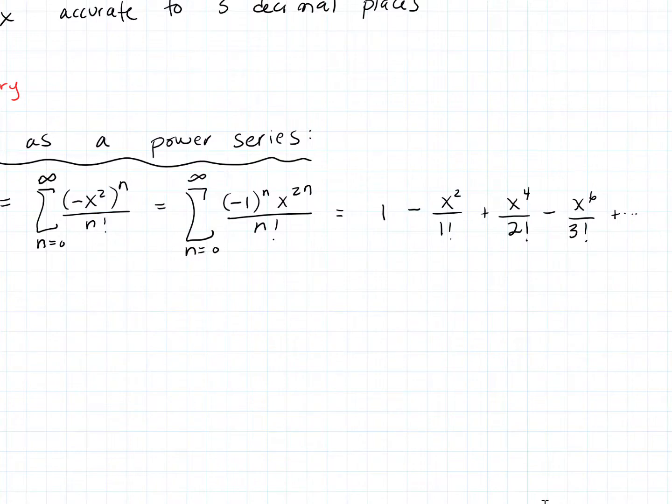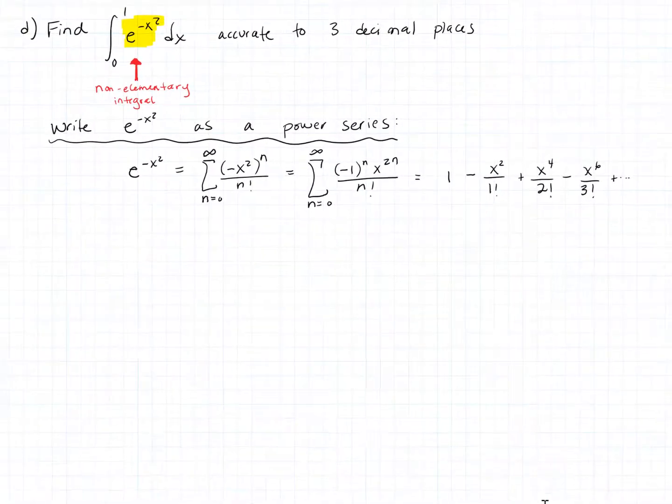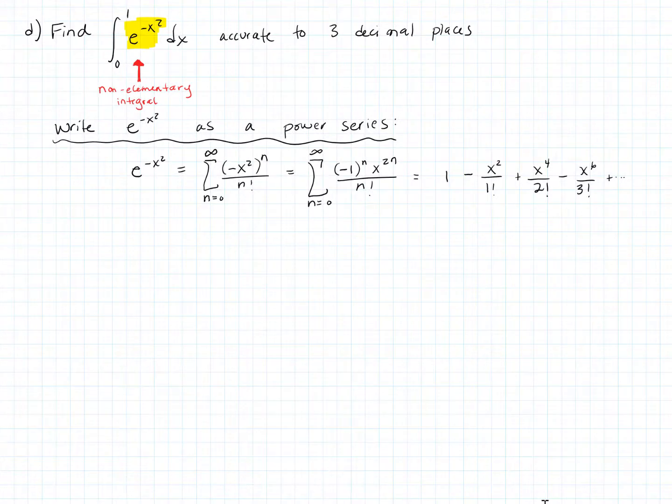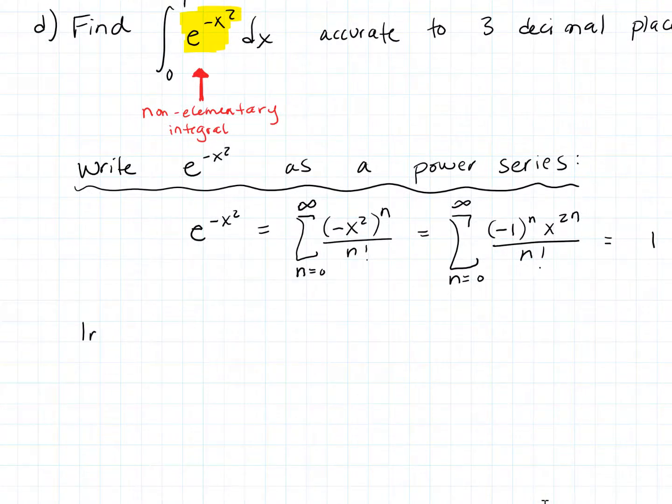So we are now thinking of e to the negative x squared as this power series, this infinite polynomial. But I can integrate those terms. I can easily integrate 1 and negative x squared over 1 and positive x to the 4th over 2, just by using my power rule. So now we can actually integrate the power series.